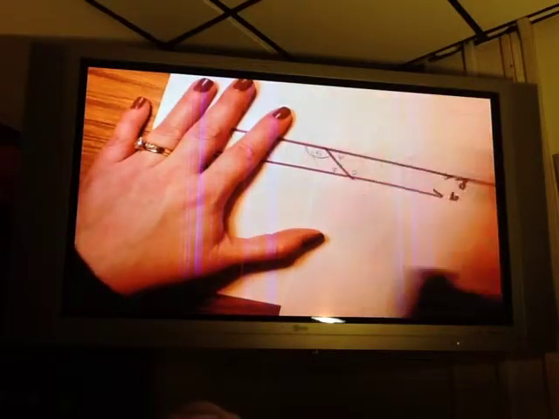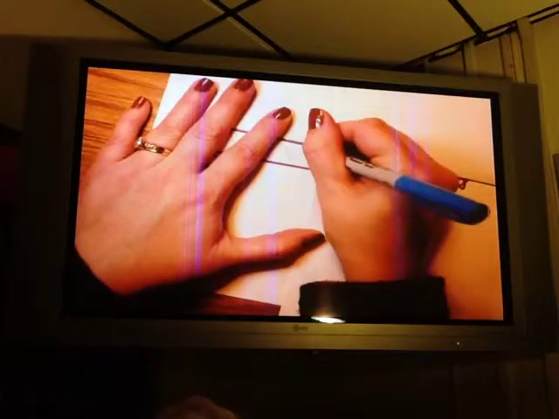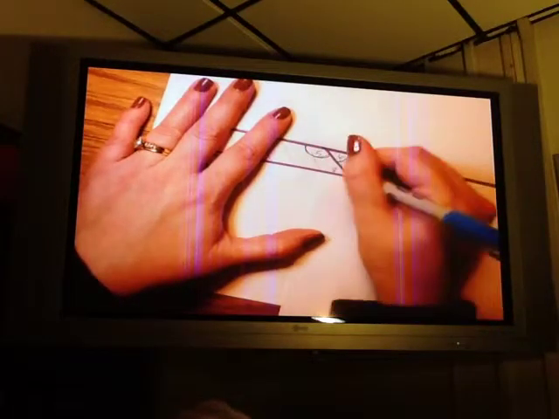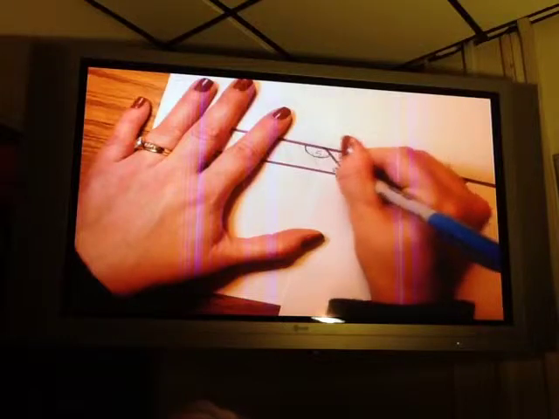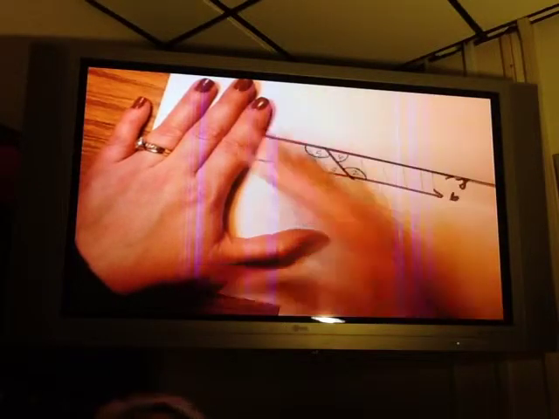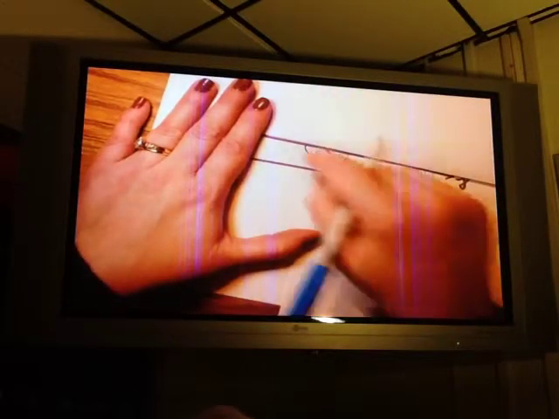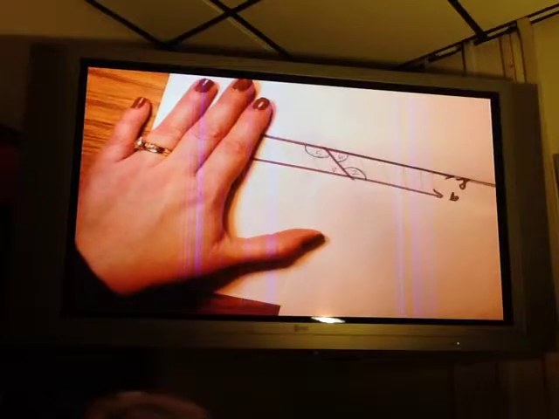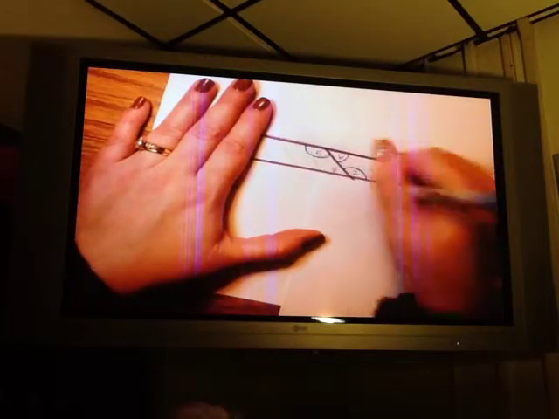No. 5 is a very large angle, and 6 is a very small angle. 5 and 2 are both very large. Because of the setup of these 2 lines cut by this transversal, their measurement would be identical if I measured with a protractor. So 5 and 2 are exactly the same size.